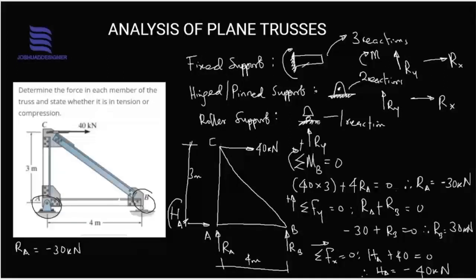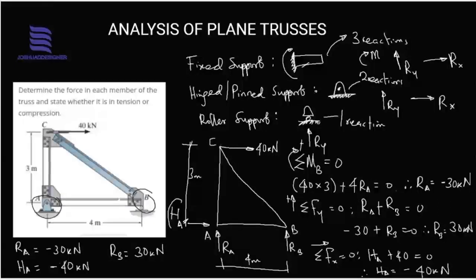HA is minus 40, and that negative also means the same thing as I've already said. Then we have RB to be 30 kilonewton as said. So we can just go ahead now.